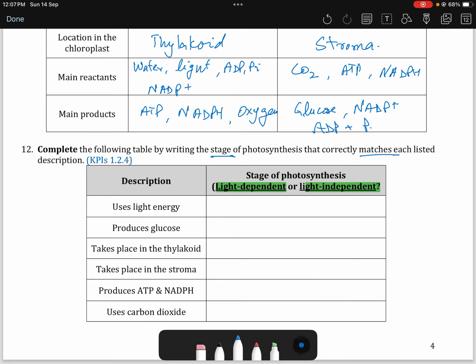Uses light energy: it is light dependent. Produces glucose: of course this is light independent. Takes place in the thylakoid: it is light dependent.